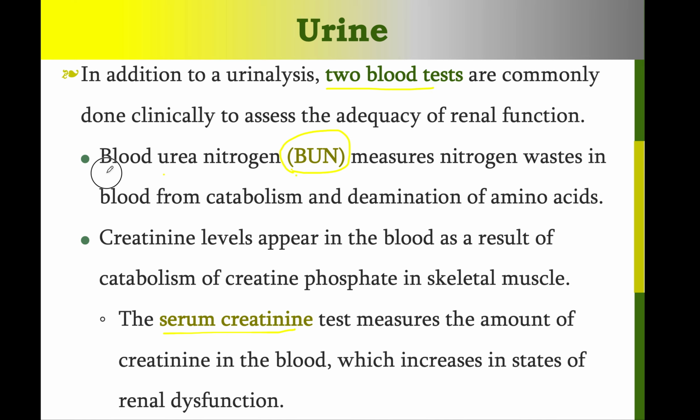So if these are not excreted by the urine in normal amounts, then the nitrogenous wastes will accumulate in the body and produce their toxic effects. That's why they measure the blood urea and the blood creatinine, which increase in case of kidney dysfunction.